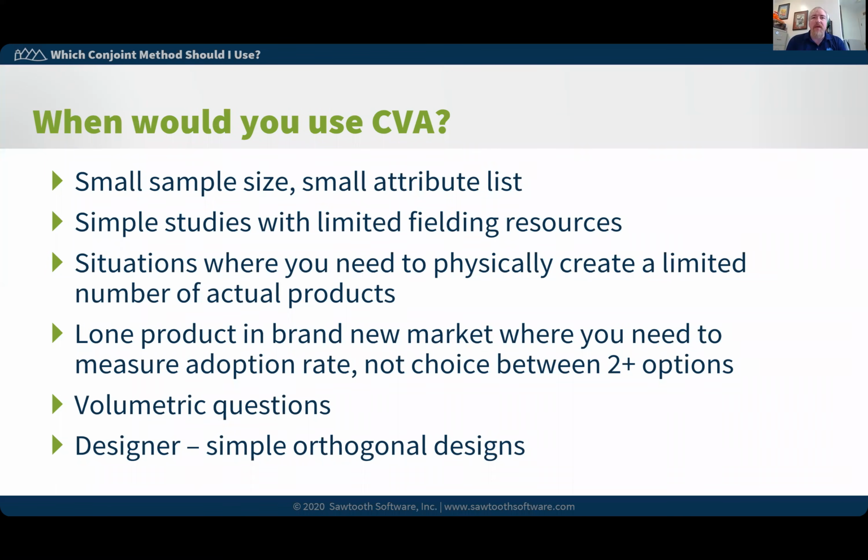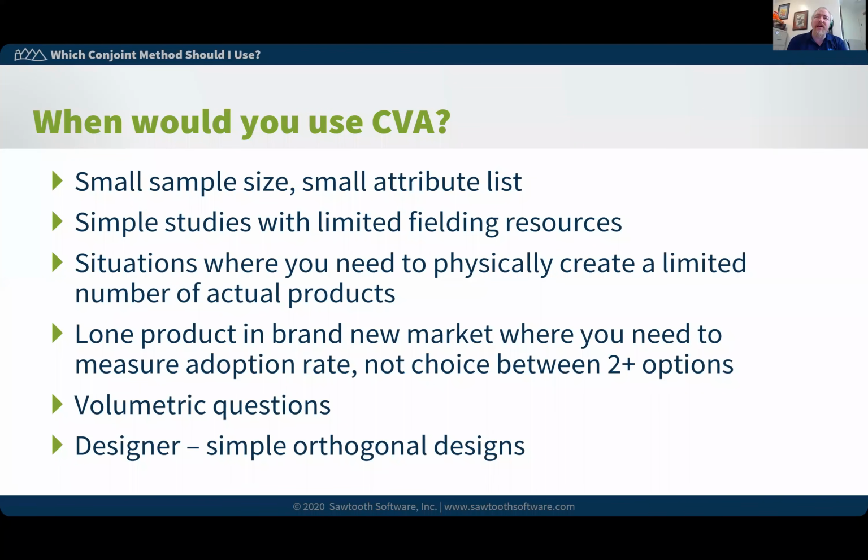Obviously I'm not going to be able to project out to the universe with that one respondent, but if all I need to know is what does this one purchasing manager think about these changes we're considering, I might be able to put together a 3 attribute, 2 or 3 levels each conjoint analysis, have Susan take the conjoint exercise, and then I can build a model of just Susan's preferences. So in situations where you want to understand your customers better and you need to understand them on a customer by customer basis, this can work fairly well.